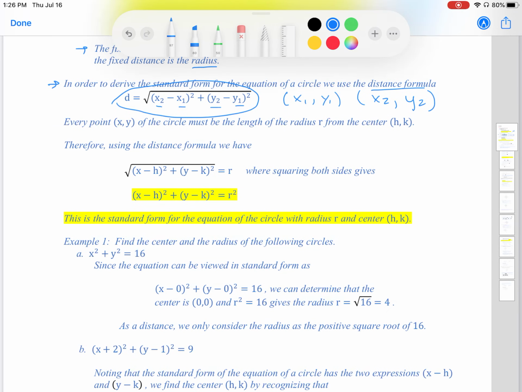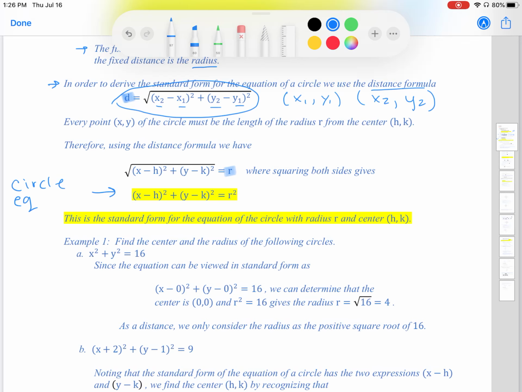so if we replace distance with your radius, because that would be the distance from an endpoint to the center, then we have our radius. And squaring both sides will give us our formula. So this is your circle formula, or circle equation. x minus h squared plus y minus k squared equals r squared.